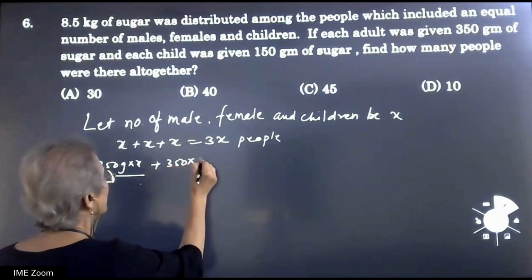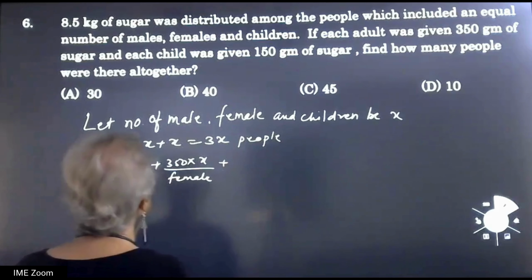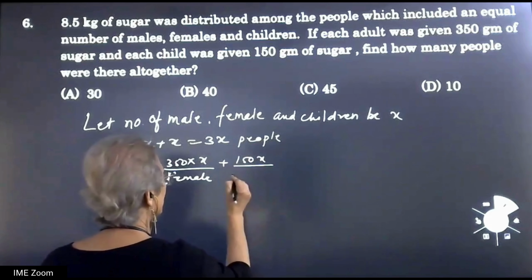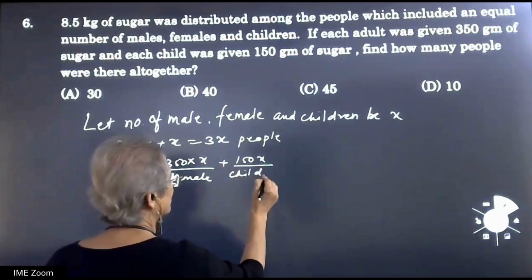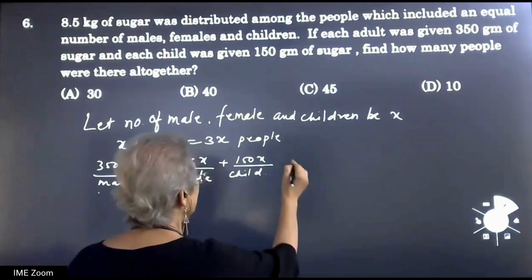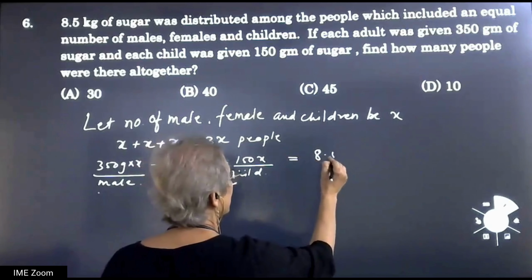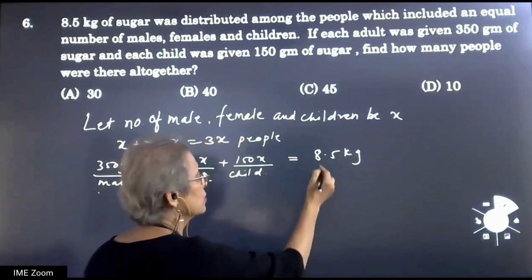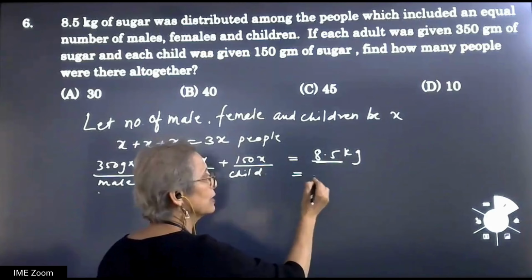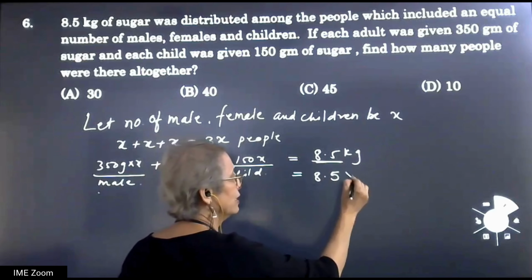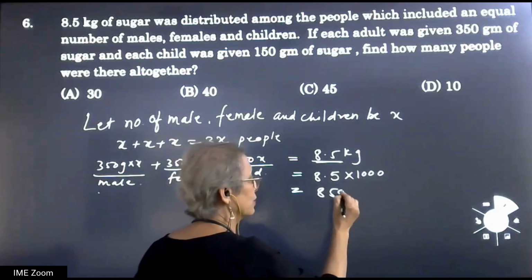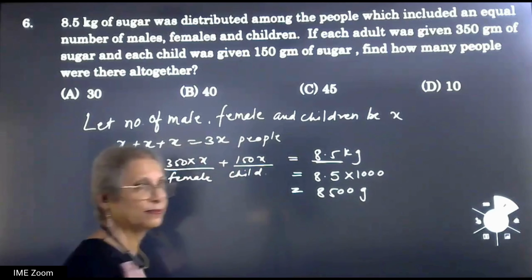And for a child, it was 150 grams, so it is 150 into X. Okay, and this is nothing but 8.5 kg. Because everything is given in grams, we have to convert this into grams. So 8.5 into 1000, and therefore we get 8500 grams.